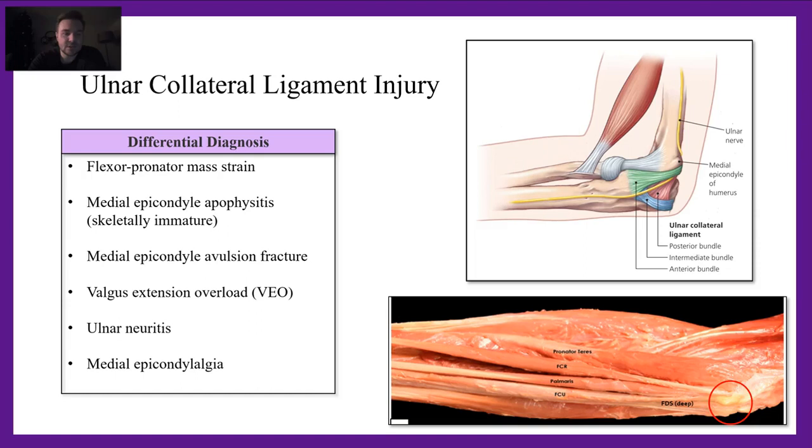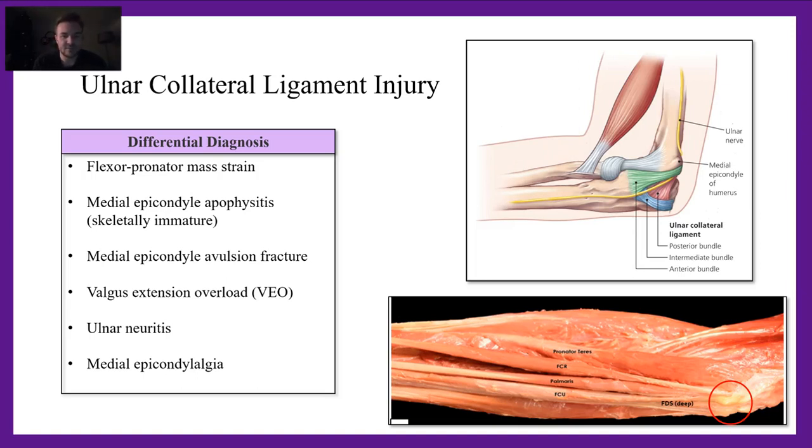What happens there is you have a redundant or attenuated UCL, and so your dynamic restraints, your flexor pronator mass, tries to create dynamic stability in the absence of a functioning UCL. And so anyways, flexor pronator mass strain is a differential.